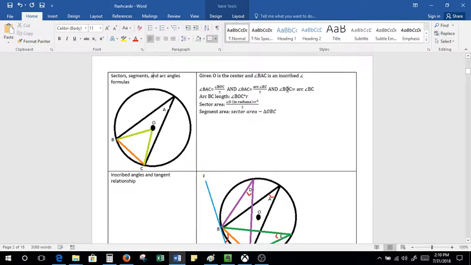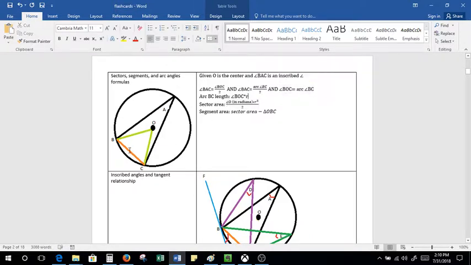Same relationship as we had here. And then if we extend that further, then arc BC must be equal to BOC, right? If BAC is equal to half of either one of those, then those two must be equal to each other.